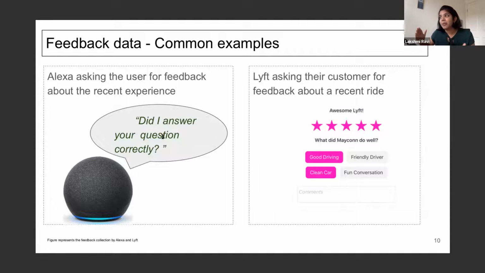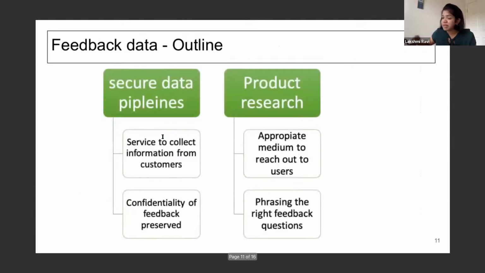So what happens when we start dealing with feedback data? There are two important skills which will come up. The first thing is developing secure data pipelines. When we are collecting feedback from customers, we most of the time want to preserve confidentiality, and we have to develop a service that carries the feedback from what the customer is trying to tell us to our data endpoints.